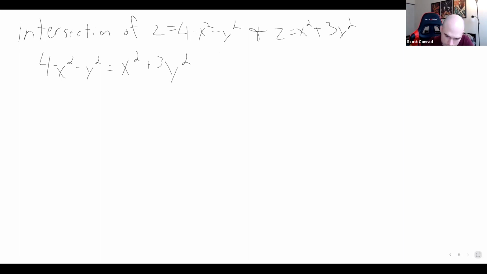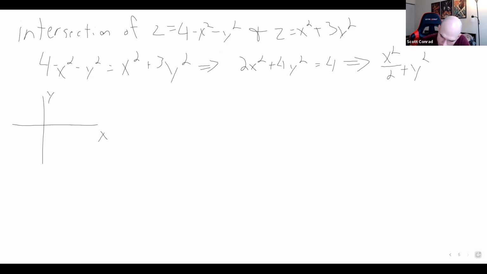Or in other words, bringing x squared and y squared over, 2x squared plus 4y squared equals 4. Or to sketch this a little more easily, let's divide by 4 to get it in the standard form of an ellipse. So we get x squared over 2 plus y squared equals 1.